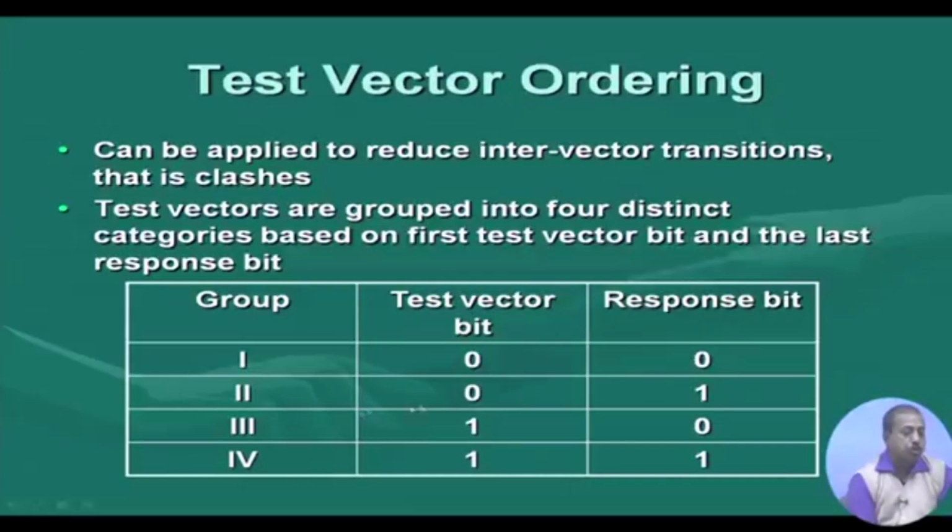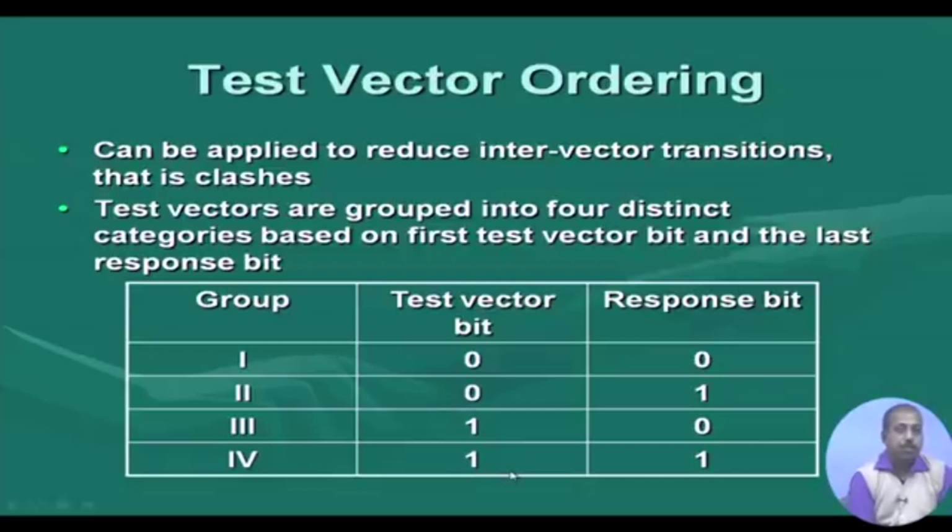In group 2, we put those patterns for which the LSB of the test vector is 0, but the MSB of the response is 1. Similarly, in group 3, the LSB of the test vector is 1 and the MSB of the response is 0, and in group 4 both are 1.